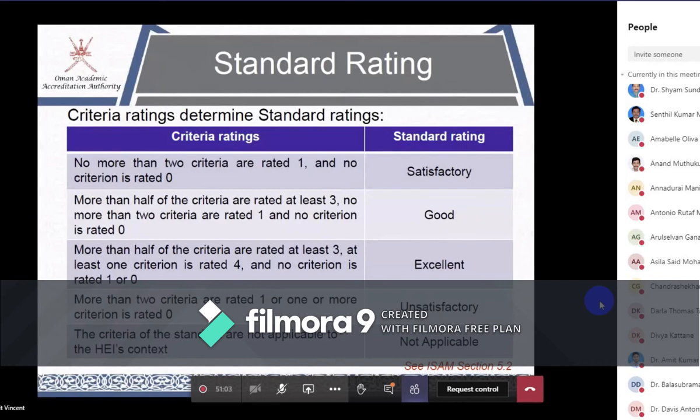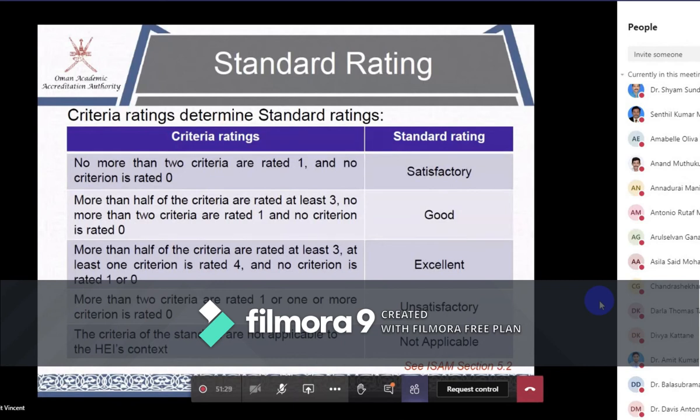Let's ponder and reflect. If no criteria is to be rated 0, that means all our criteria should have a plan or an approach, should have a deployment, and we need to have some kind of results, and some way to show how we are going to evaluate the results.